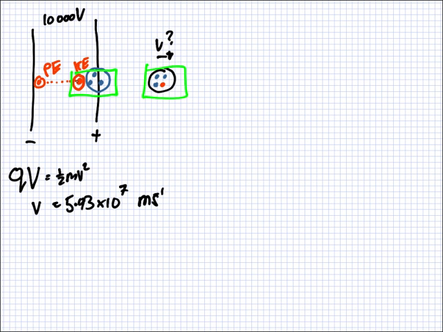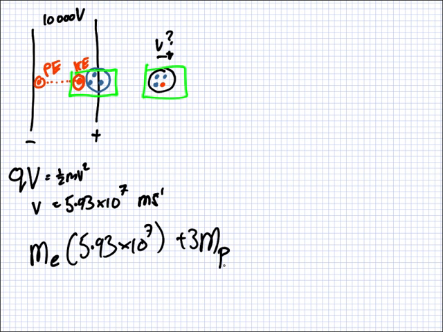So you have m1u1 plus m2u2 equals the momentum after, okay? So you have the mass of the electron times the velocity of the electron, plus the mass of the protons, m_p for proton, times 0.